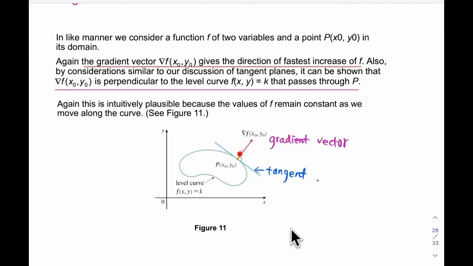The gradient vector points this way, and going along it gives you the direction of the fastest increase of the function. Because if you go along the level curve, the function values remain the same. So if you go perpendicular to that, that gives you the fastest increase of the function.